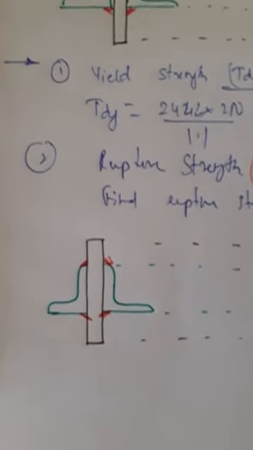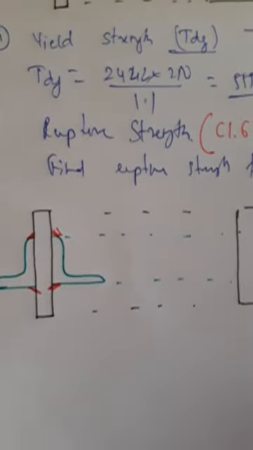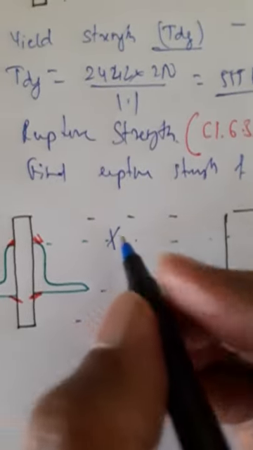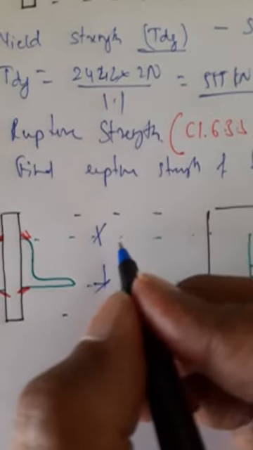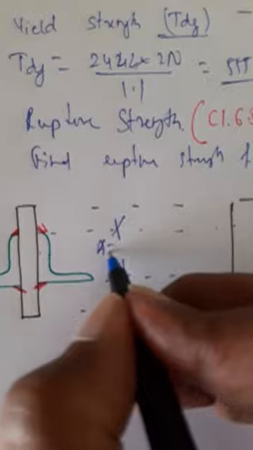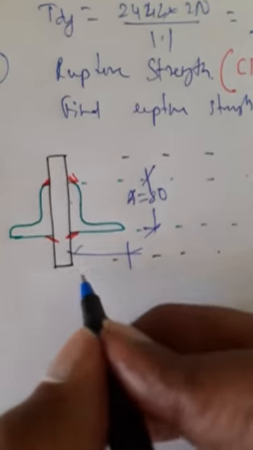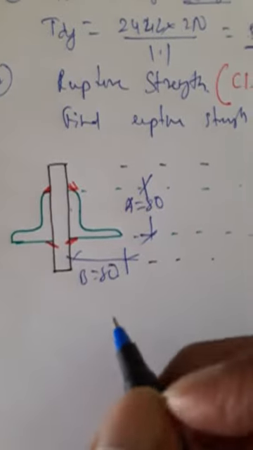Now always the longer leg should be connected. Here both the legs are the same, so keep both as same. So this is the connected leg, which I am taking as A, 80. This is the unconnected leg, B is equal to 80.